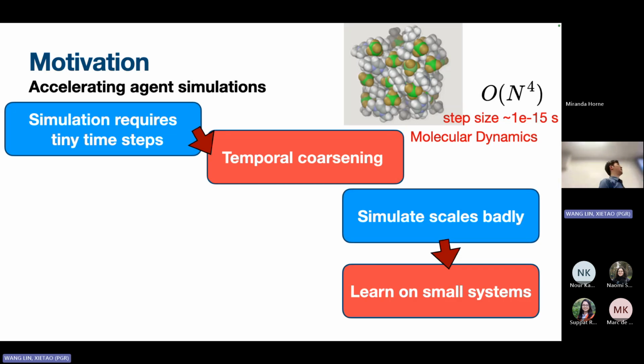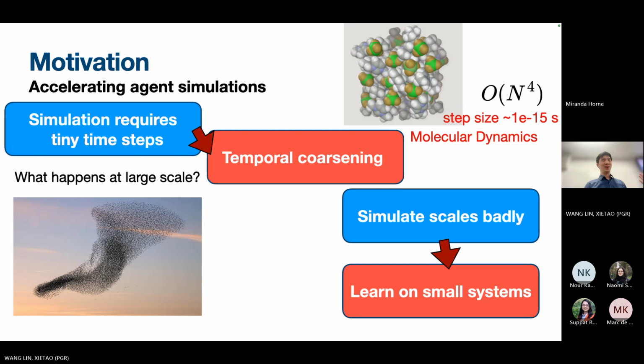However, this presents another question, which is that we might run into a scenario where the model manages to learn well what happens on the small scale system, but doesn't recreate what happens on the larger scale system.